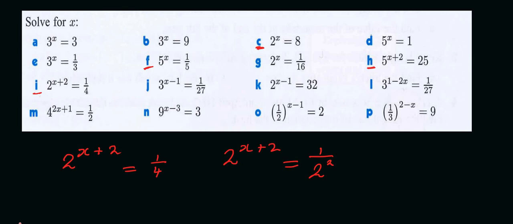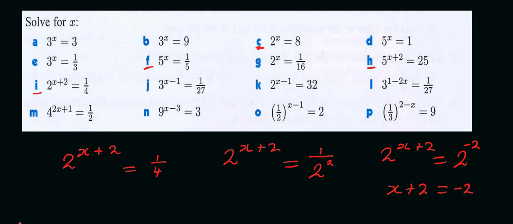So now let's change the exponent of the denominator to a negative exponent, so we can have the fraction changed to a whole number. So now this will become 2 exponent x plus 2 is equal to 2 with a negative exponent. So now we have the same base. So automatically x plus 2 is equal to -2.